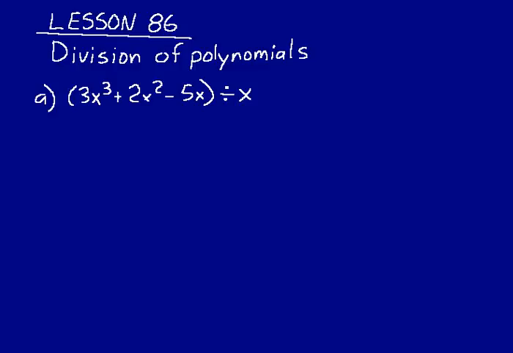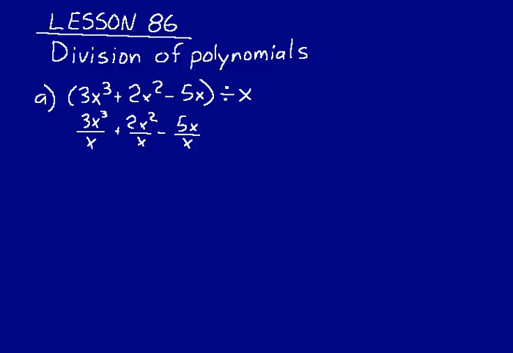And so we could say 3x cubed over x plus 2x squared over x minus 5x over x. We can think about it that way too, right? Or we could have it all over the same denominator of x. But it's just easier to think about for division purposes to break them up into individual fractions.